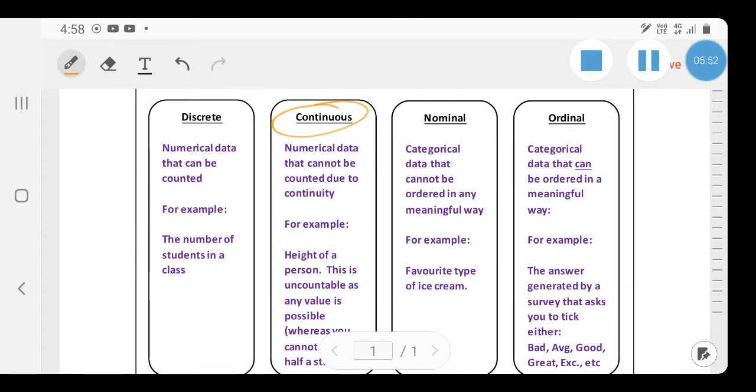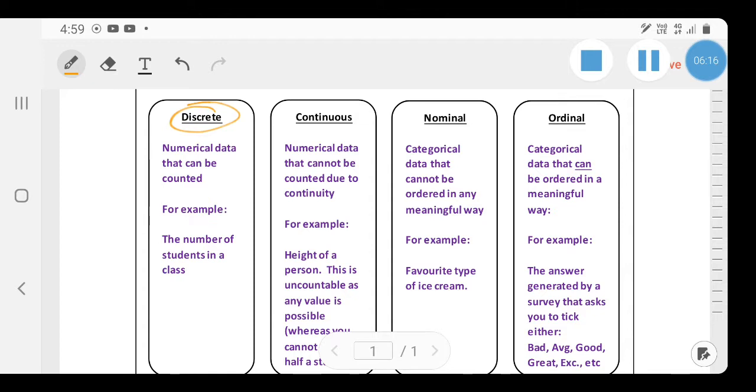Now, if we go back to the idea of discrete data for a moment, now you might understand a bit better what I was talking about, because the number of students in a class is discrete data because they can be counted. You cannot have 2.37 students unless we're talking something really gruesome involving a giant chainsaw or something.